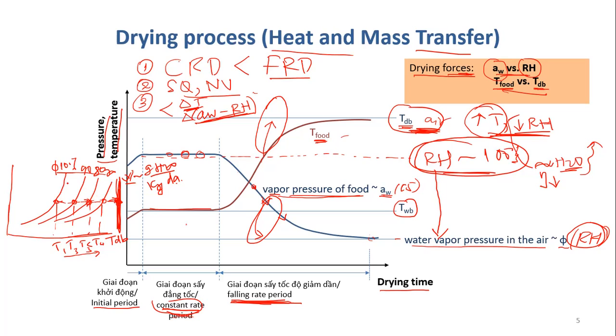Yes, and when we reduce the relative humidity, when you reduce this line, then you can dry faster. So now, just to remember, when we do drying, there are two simultaneous processes which take place, the heat transfer and the mass transfer, and we need both processes to occur at the same time to have drying.